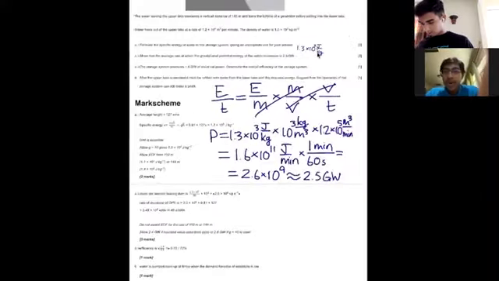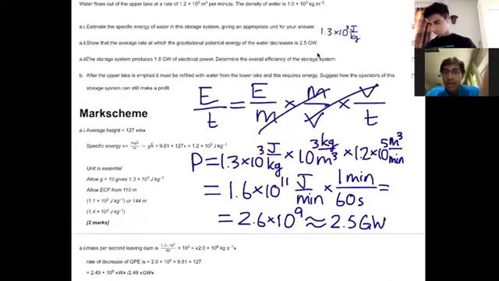They got 2.49. I don't know how they got 2.49. Maybe they use 9.81. Oh, that's right. Also you'll get error carry forward, so it's fine.